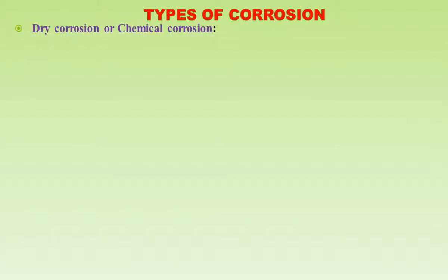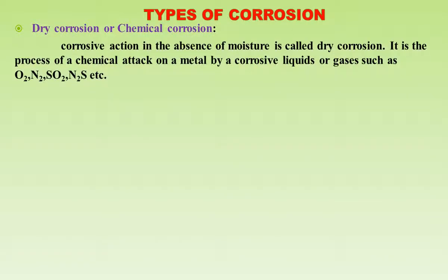Types of corrosion. There are two types of corrosion: dry corrosion and wet corrosion. Dry corrosion means chemical corrosion, corrosive action in the absence of moisture. It is a chemical attack on the metal by corrosive liquids or gases such as oxygen, nitrogen, sulfur dioxide, and nitrous sulfide.